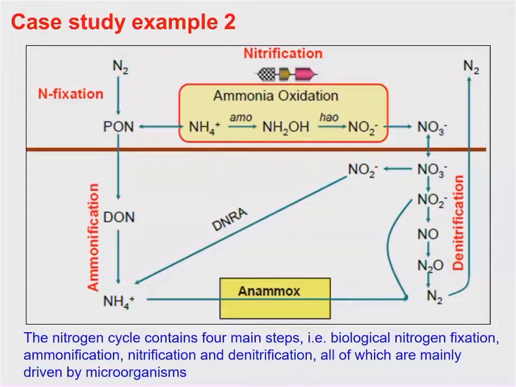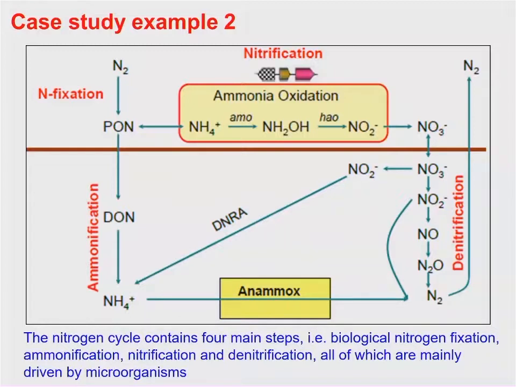Because we have an agricultural background, nitrogen is probably the most important element or nutrient for the agricultural ecosystem. And nitrogen cycling in the ecosystem is driven by microbes, from nitrogen fixation, nitrification, denitrification, and mineralization. All these processes are driven by microbes.